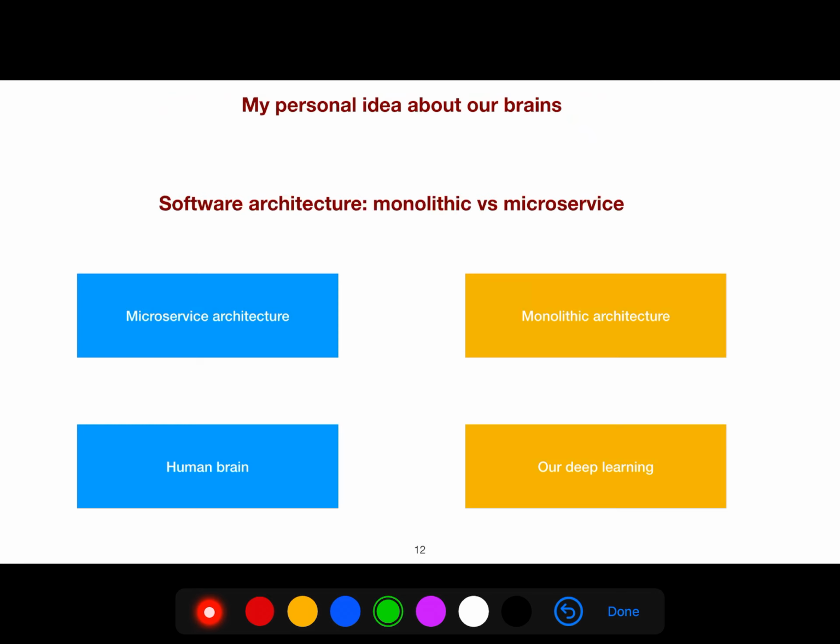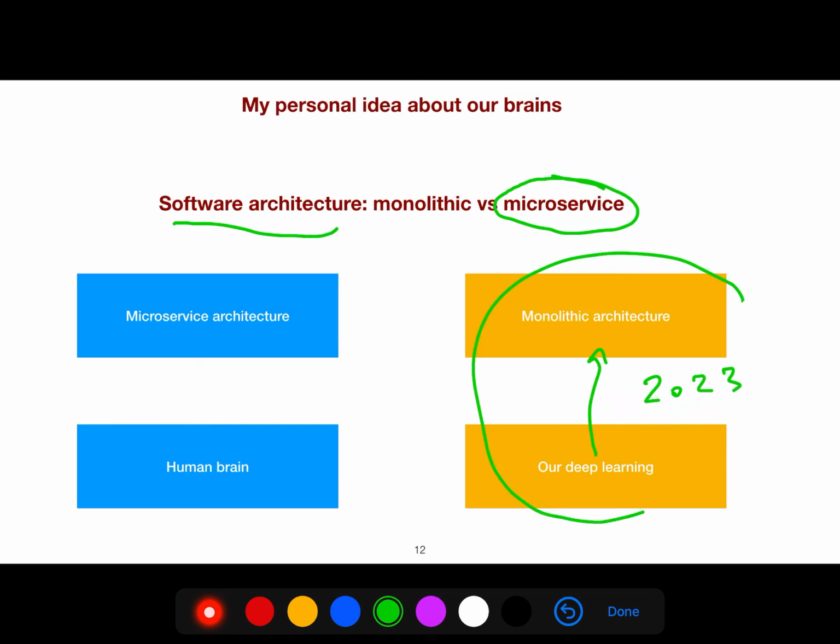My personal idea about our brains is this: in software, I was a software architect eight years ago, exactly. I used to be a microservice architect. I love microservice architecture. Monolithic architecture is like our deep learning, even in 2023. Everything we want to do, I don't know why we want to do it all at once. But the human brain is very narrow.